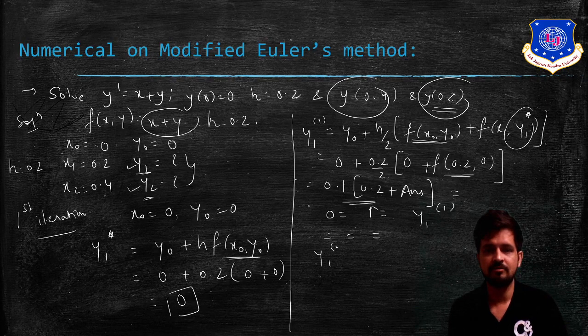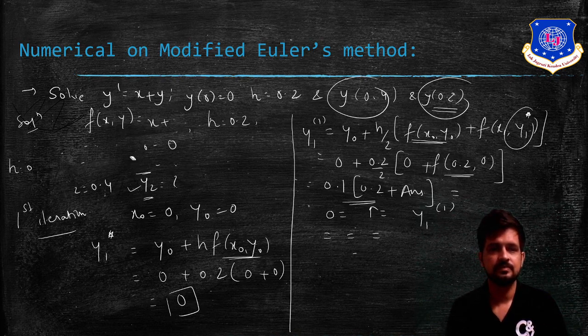So the different values of y11, y12 and so on, I am writing here. Okay, are you getting it? You have to make an equation and we are just changing the value of this. Okay, y1 star.